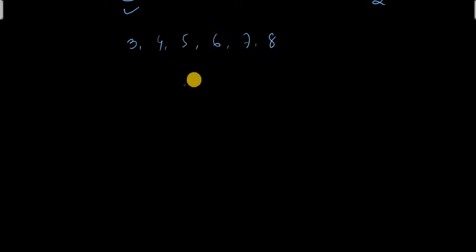The average is 5.5. This is when n is even. The middle numbers are 5 and 6. Understand that the average is still the average of the first and last.